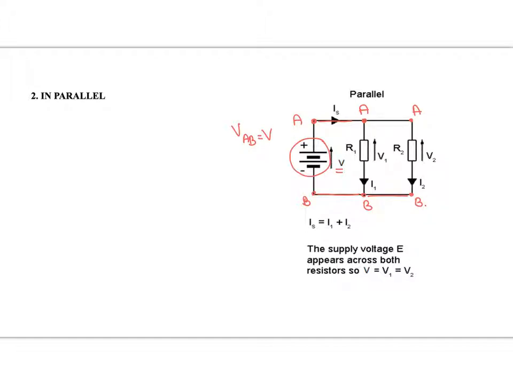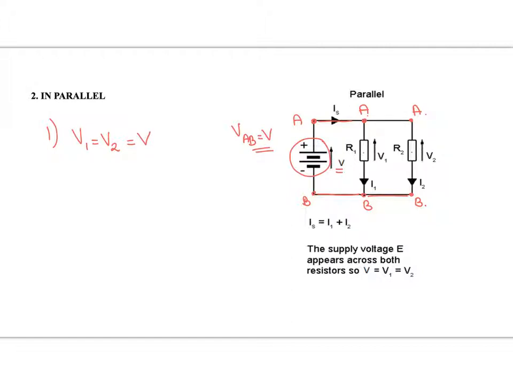So all of the resistors are between the same points A and B, which are the points of the battery. So for the first property, I can say that the potential difference across each resistor will be equal to each other, which is equal to the potential difference of the battery.